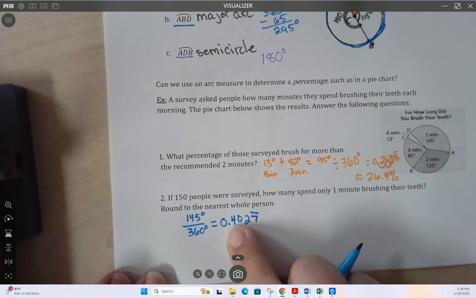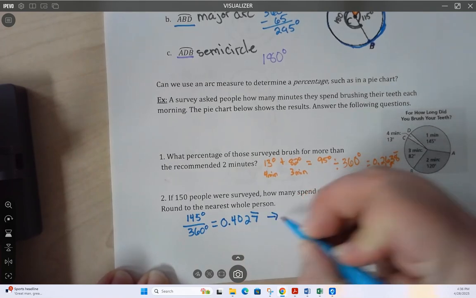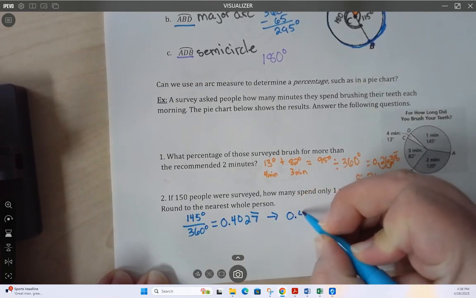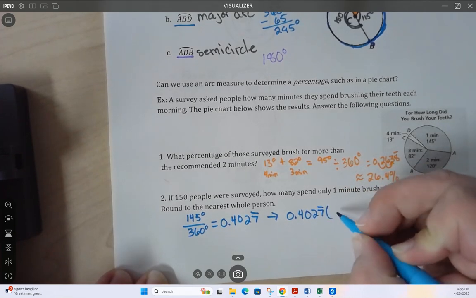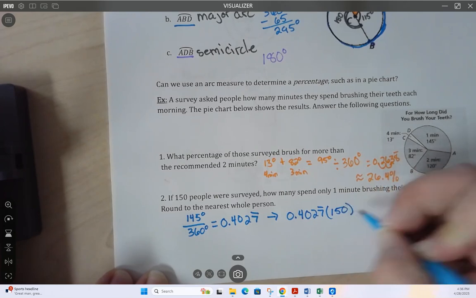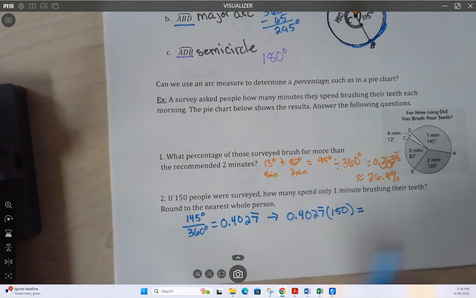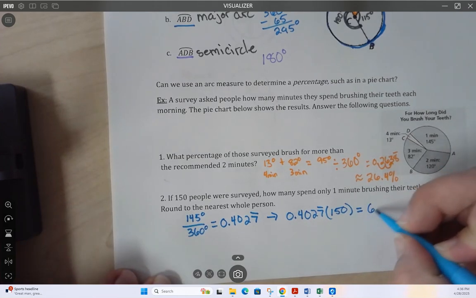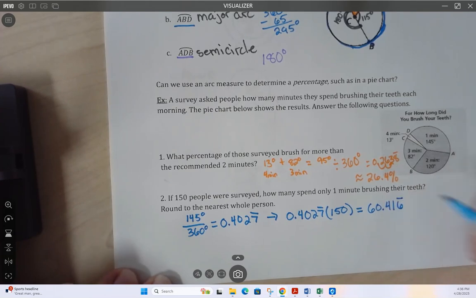And now we typically want to multiply this number without converting it. So 0.4027 repeating times the people surveyed will give me 60.416 repeating.